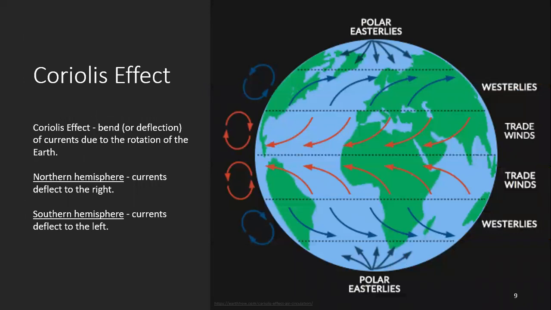The Coriolis effect. The Coriolis effect is the bend or deflection of currents due to the rotation of the Earth. The rotational speed is fastest near the equator and slower at the poles, or essentially zero. Thus, in the northern hemisphere, currents tend to deflect to the right. In the southern hemisphere, currents tend to deflect to the left.